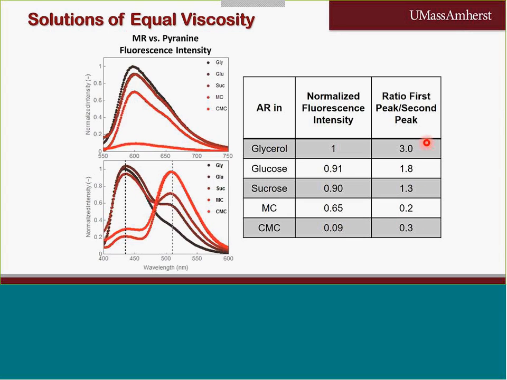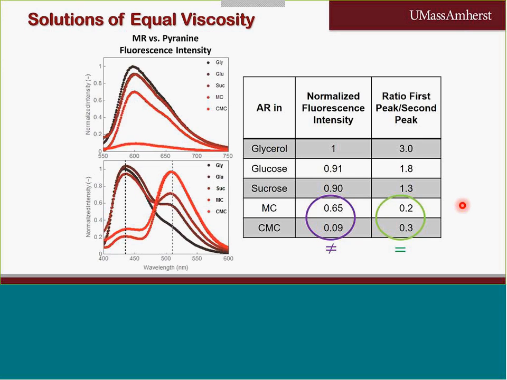The ratio between the first and second peak for pyranine also decreases. What's interesting is that while the fluorescence intensity for cellulose is still relatively high, for CMC it is extremely low. However, the environment around the probe seems to be the same.